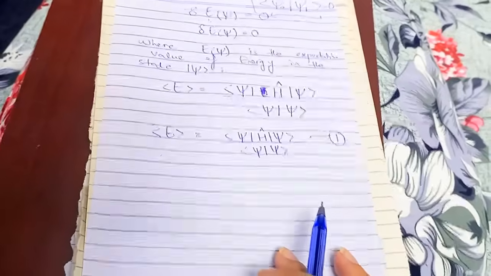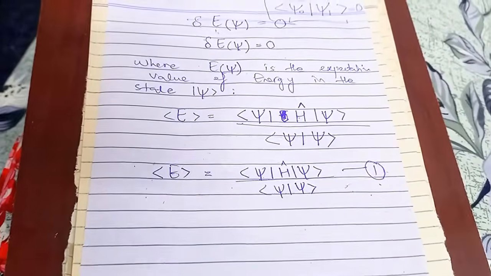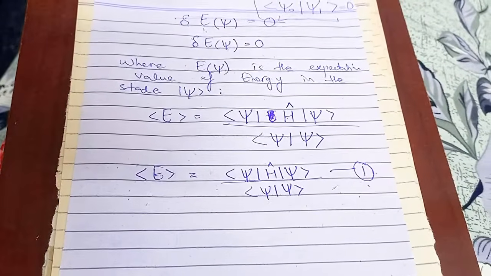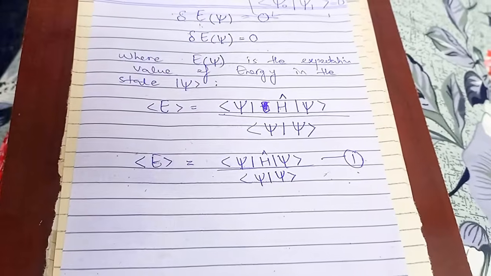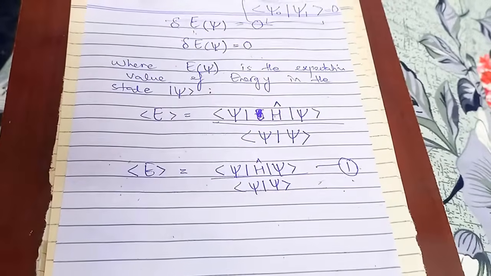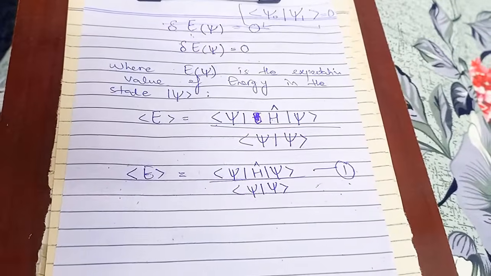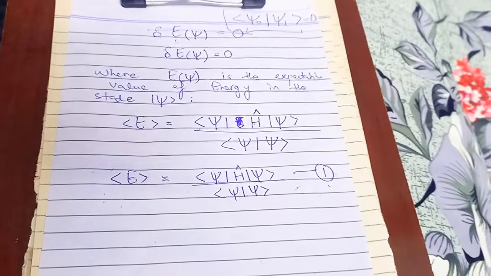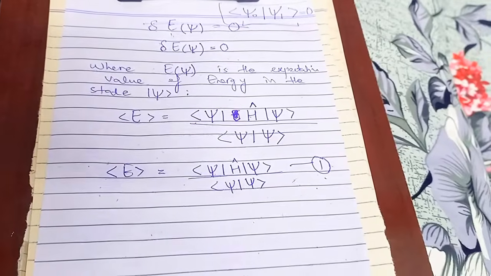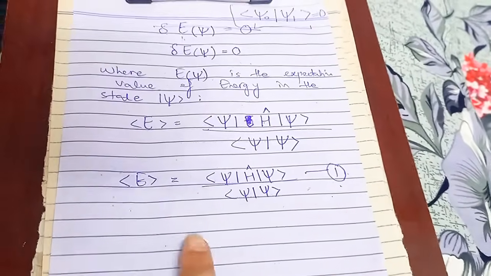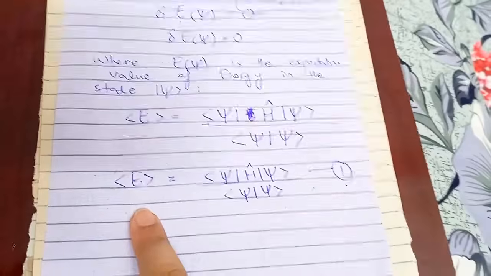Let's continue with it. Here the trial function couldn't be any function. You have to make the best possible guess about psi. If psi is really near to the exact eigenstate of the system, then it will give you the exact eigenenergy of the system.